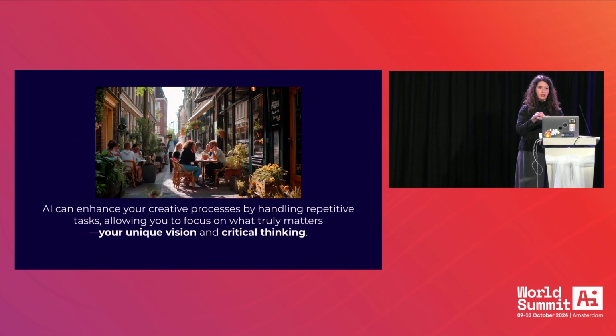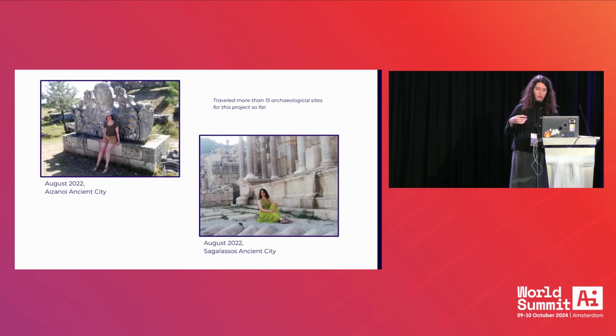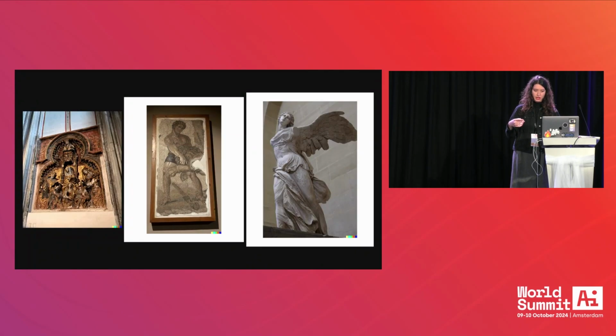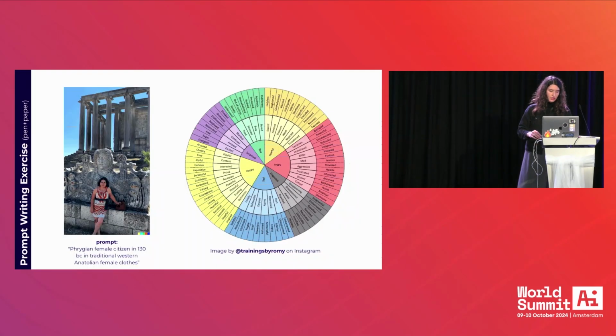What makes your creation unique is your unique vision and critical thinking and knowing what you like and what you don't like. So when we are doing the hands-on experiment today, we will be iterating many times. Restoration: you can do restoration with AI in a way that it is speculating, but we will talk about it again.